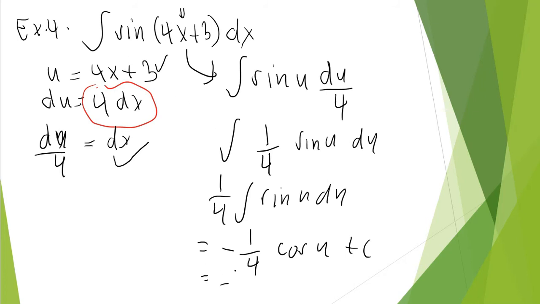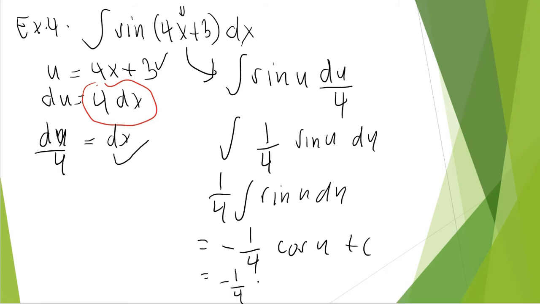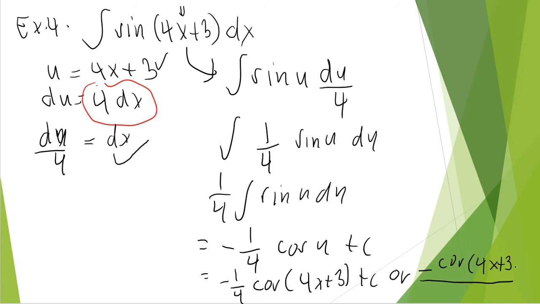Okay, therefore, the final answer is negative 1/4 cosine quantity of 4x plus 3 plus c. Or, negative cosine of quantity 4x plus 3 over 4 plus c. Okay?